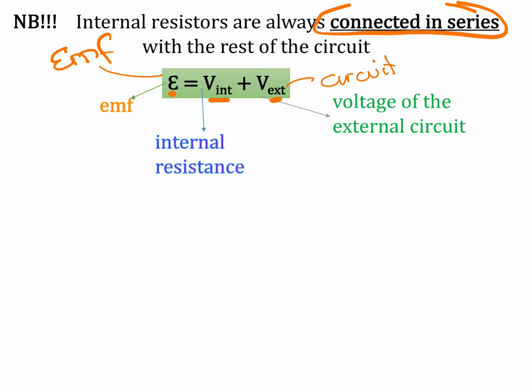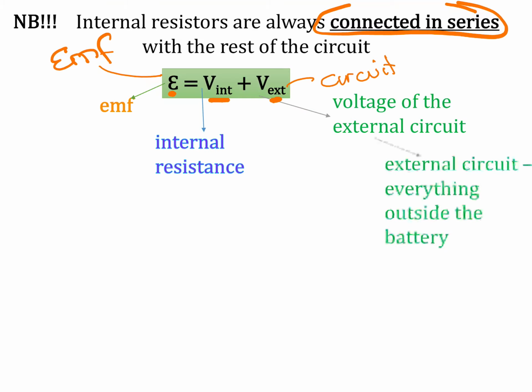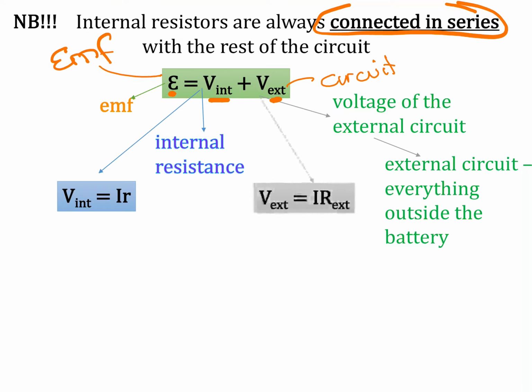V external is the potential of the external circuit. The external circuit means everything outside the battery. Okay? V internal is I times little r. V external is I times r external, which sometimes we just write as a big R. Little r means internal resistance. It's a very, very specific resistance.